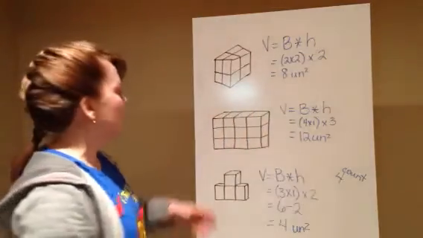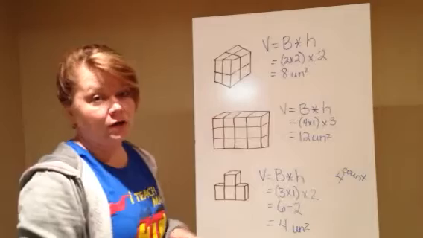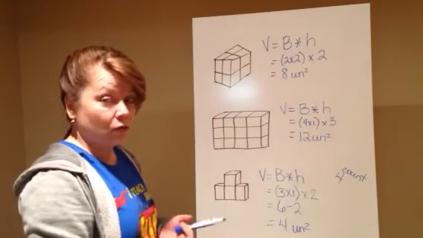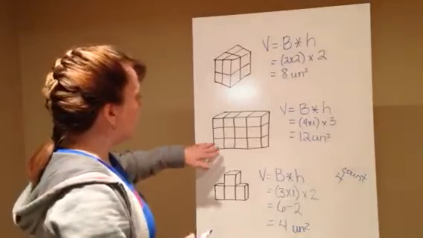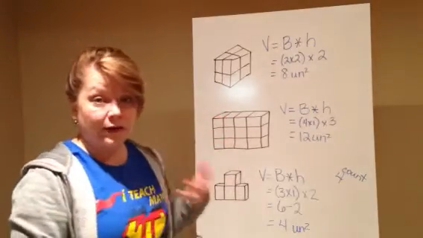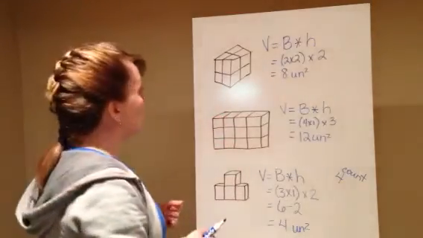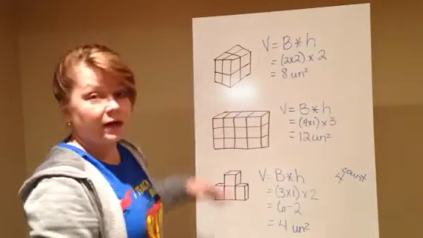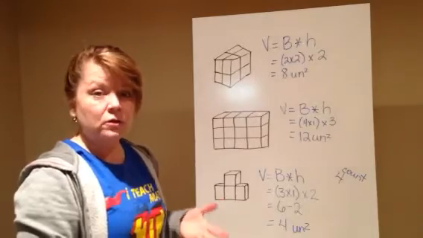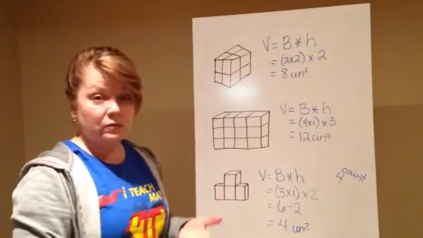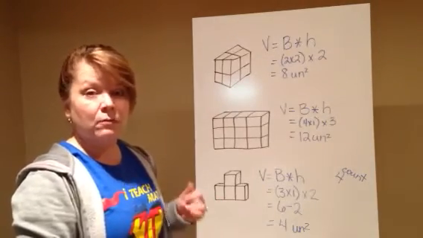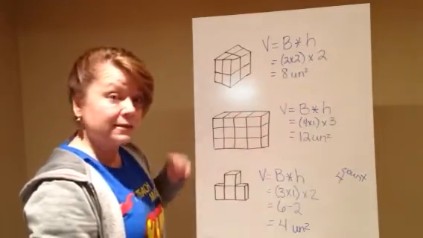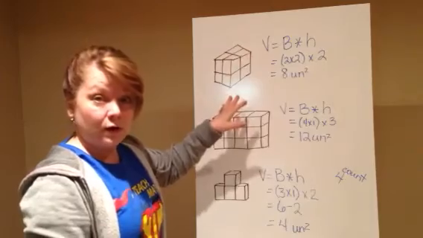So basically what you're doing, if you have a shape that you're trying to find the volume of and it forms some kind of rectangle or a square and all of the cubes are filled in, you don't have anything missing, you can use the formula and make sure to find the area of your base first for a rectangle. Remember, it's going to be length times width, and then you're going to multiply that times your height, how tall it is, and the formula is going to work.